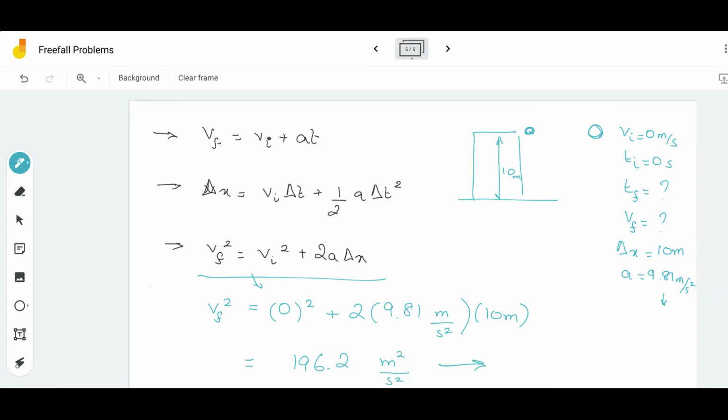And if you were to square root that, 196.2 meters squared per second squared, what you will get is 14.007 meters per second, or nearly 14.101 meters per second.